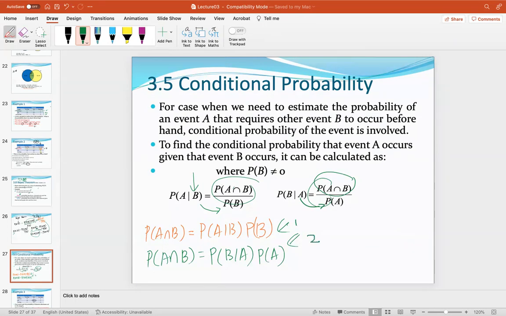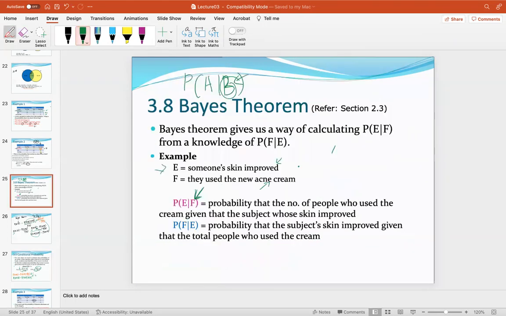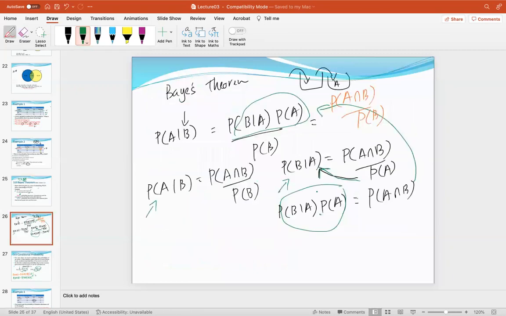And we can also move this equation so that P(A and B) is equation 1 and equation 2. If you look at the Bayes theorem, for example, I have P(A stroke B). In this case, which one is first? B first, right? And given that in the formula I have P(B stroke A), what should we do?